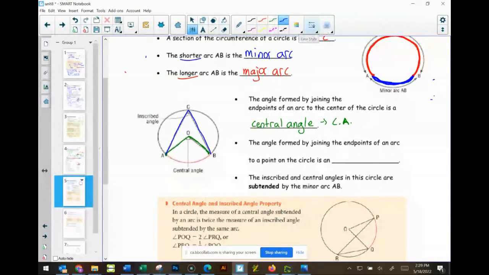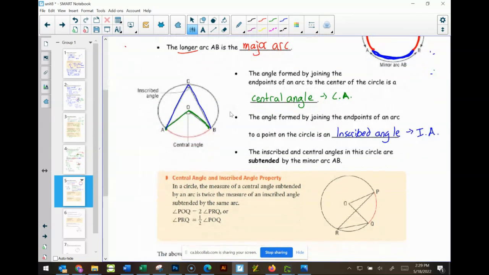And again, that's likely a term that you've never seen before. The word inscribed really just means in. So that's where the in part comes from. So it's inside the circle. And predictably enough, I typically refer to them as the IA when I'm providing my justification, just so I don't have to write out inscribed angle every time.